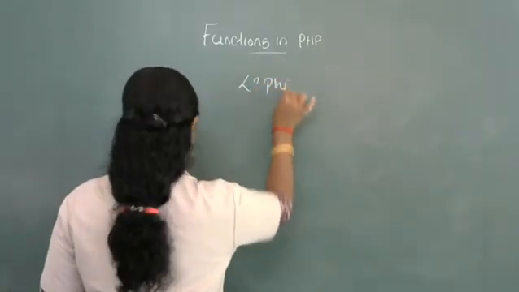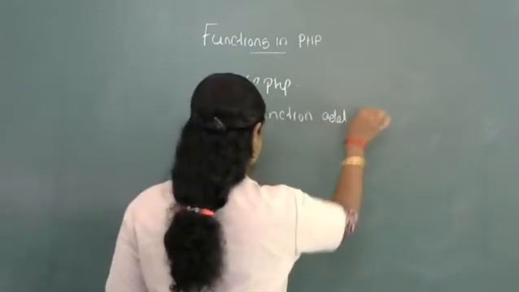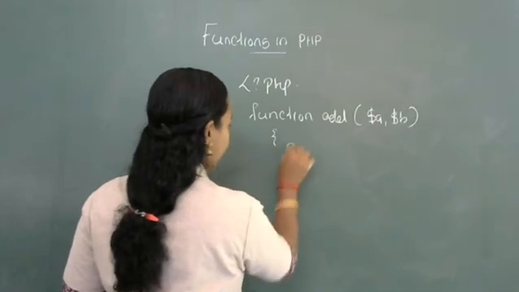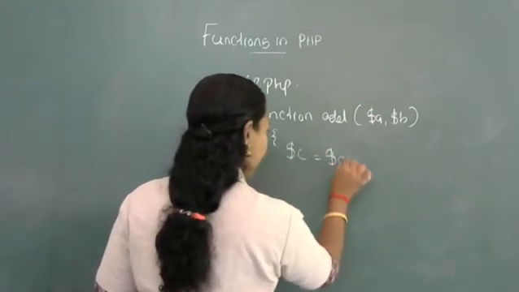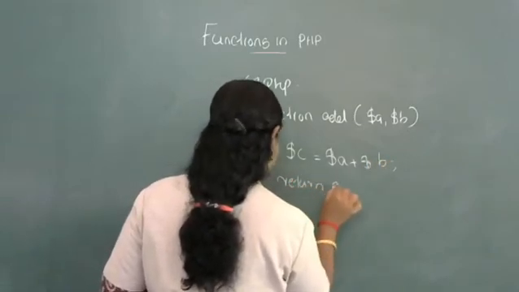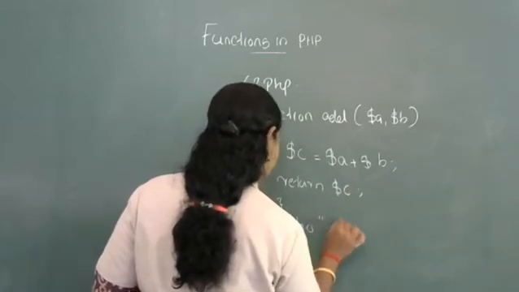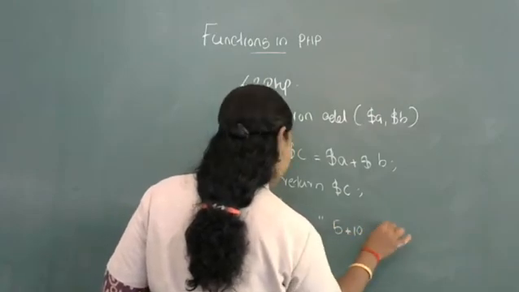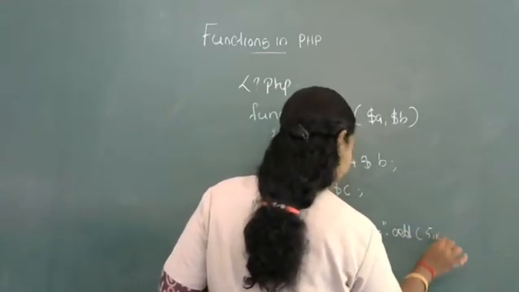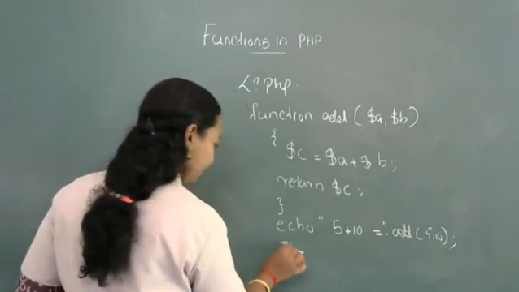Open PHP, function add($a, $b), $c = $a + $b, return $c, close the bracket, echo 5 plus 10 equal to, dot, add(5, 10); then close PHP with a question mark.